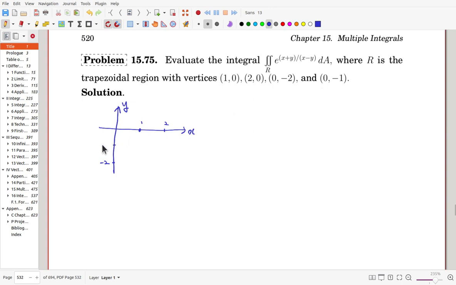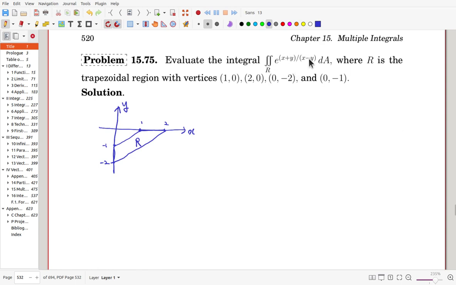So the region R starts from here, connects these points and comes up. So the last edge must be like that. There's R.